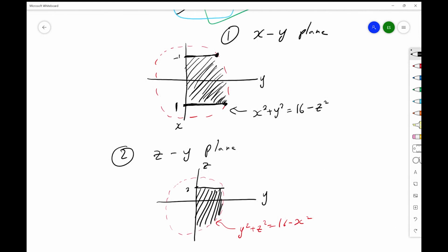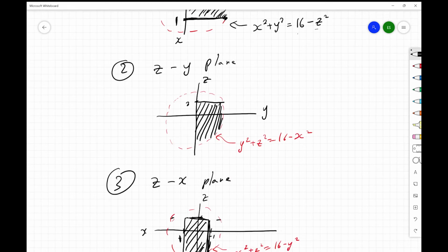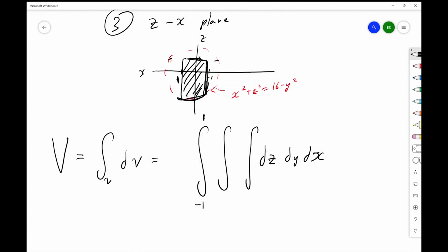X goes from -1 to 1. Y goes according to this equation, right? So this goes from 0 to square root 16 minus x squared.